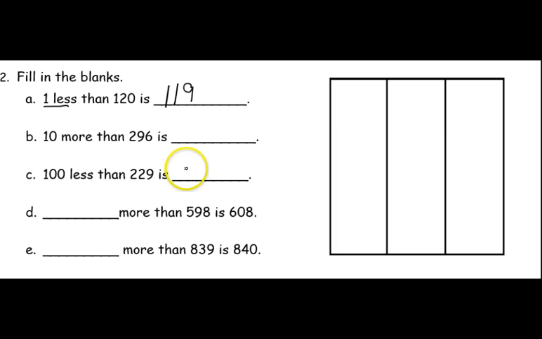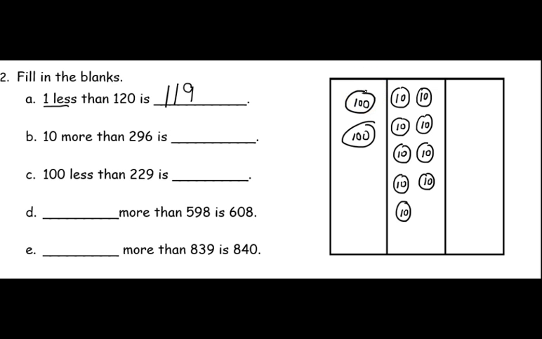In problem B, we want to know 10 more than 296. So we'll start with 2 hundreds, 9 tens, and 6 ones. And we want to show 10 more than that number, which means I'll add a tens disk, which gives me 10 groups of 10 in my tens column.